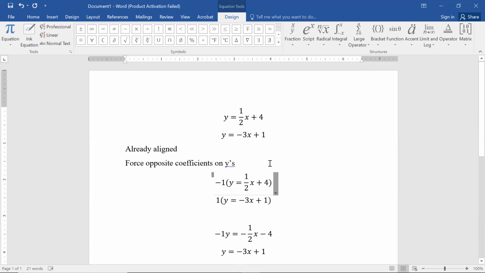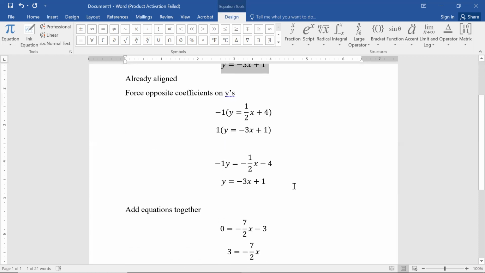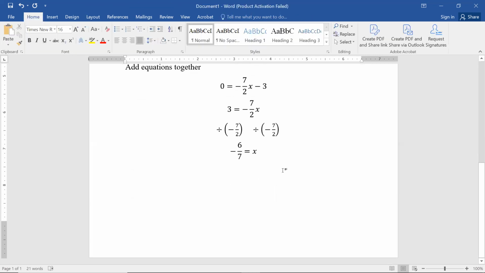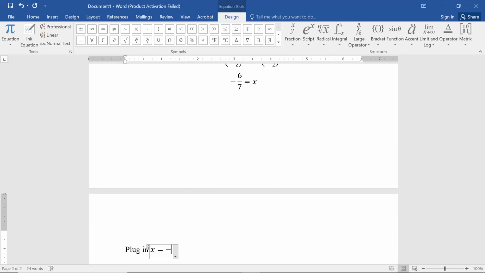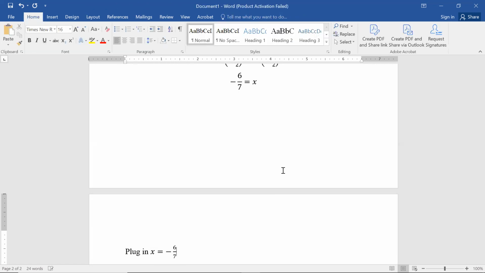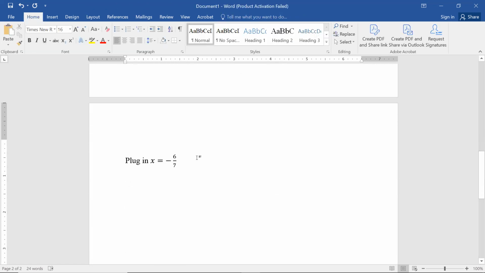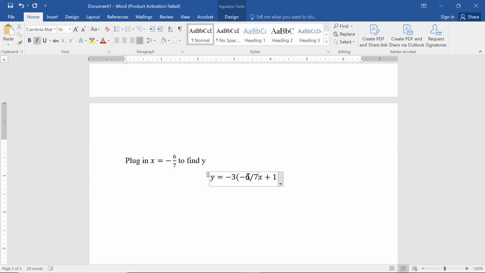And we can go back up to our equation, one of them, doesn't matter which one, either the first or second equation, and we can plug in that -6/7 to find what the corresponding value of y is. I'm doing this all on my calculator.